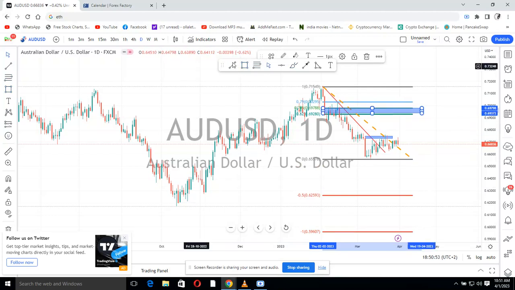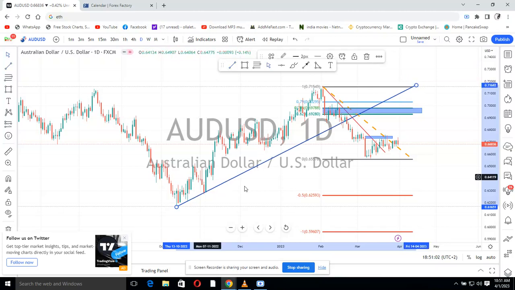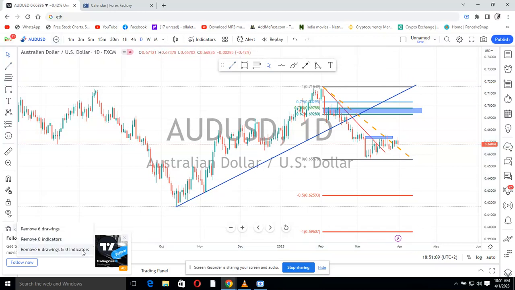But in that case, let's check what we have here. We are having our trend line here again. Touch, breakout. We are waiting for the retest around here before we join the sell. But in that case, let's check what happened on lower time frame.